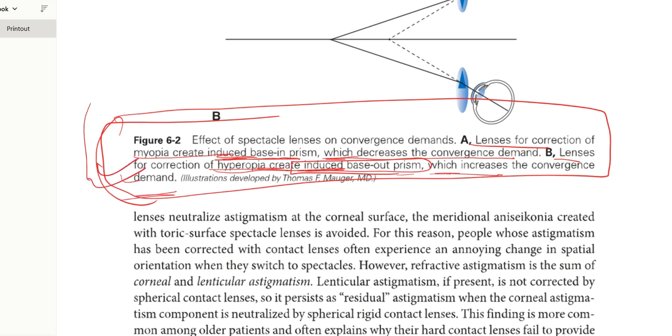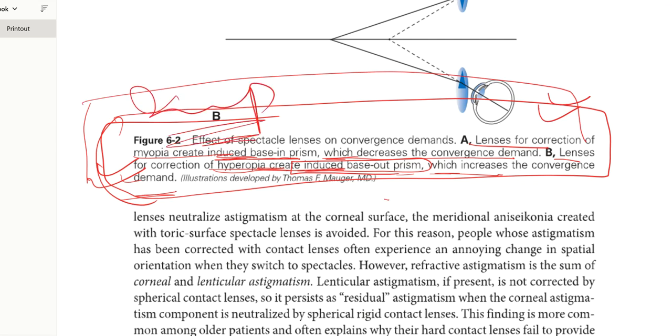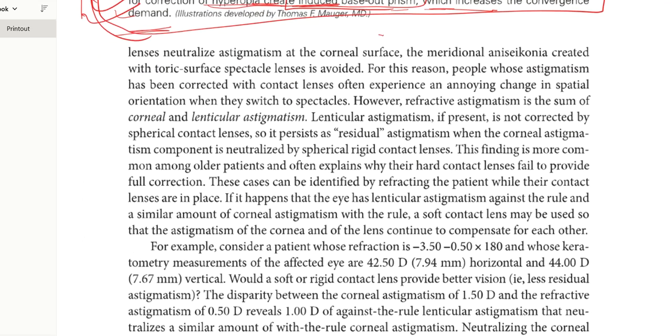Okay. One increases the convergence demand and the other decreases it. This is very important. Okay. And just give a quick read to this topic.